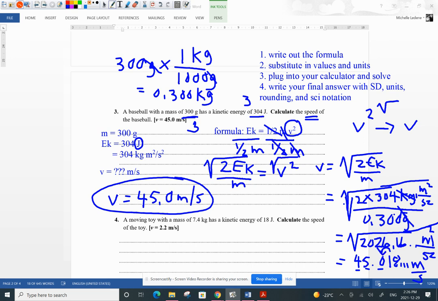That 1 will not make the 0 round up. Do I have units? Yeah, units for speed, meters per second. That looks great. In scientific notation, you can write it as 4.50 times 10 to the 1 meters per second, or you can leave it like this. Both are acceptable, and you are now done.